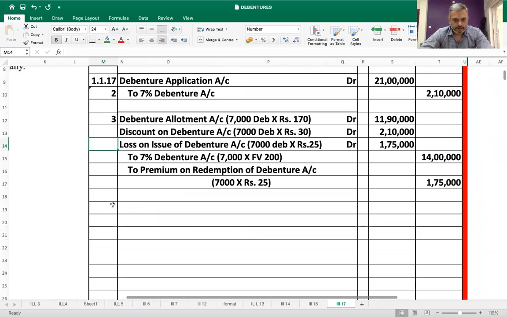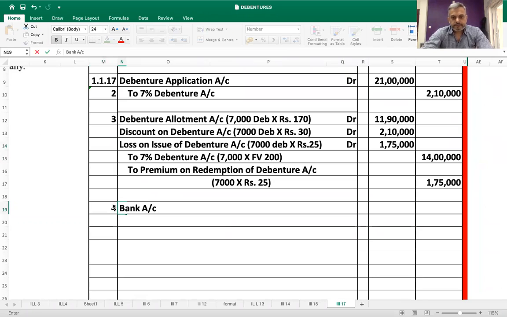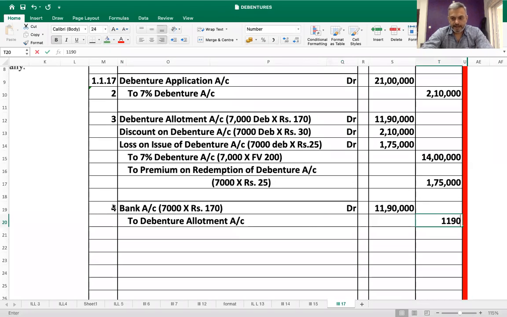Now, fourth, we received the money, so bank account. Now we are going to receive how much? 7,000 into rupees 170, so 11 lakh 90,000 to debenture allotment account, 11 lakh 90,000.